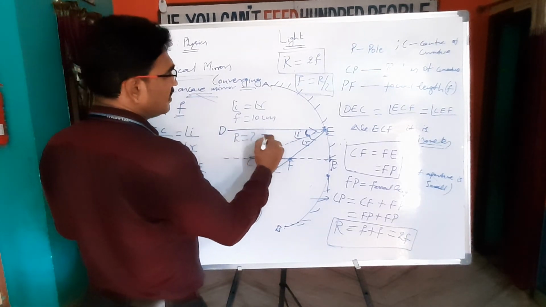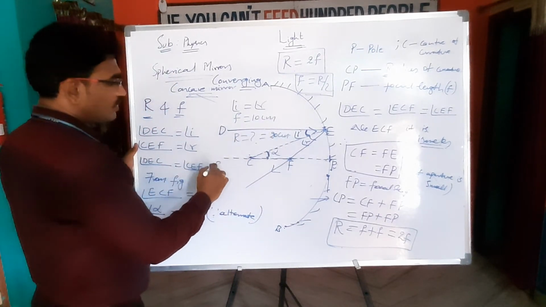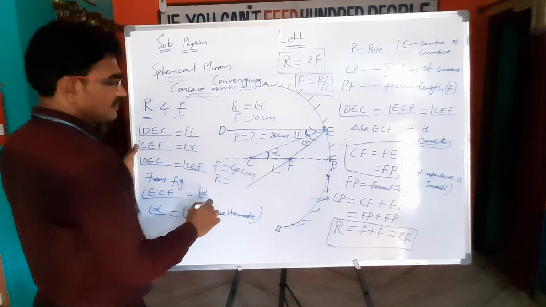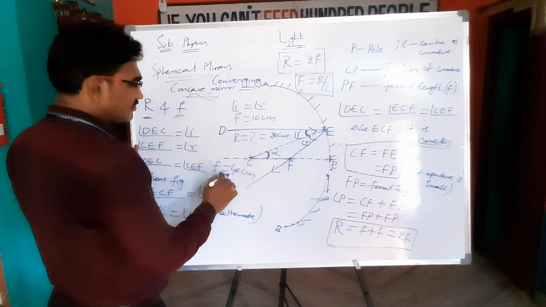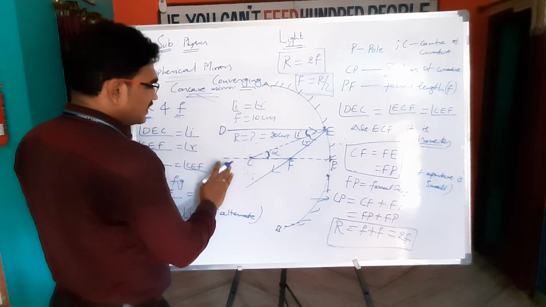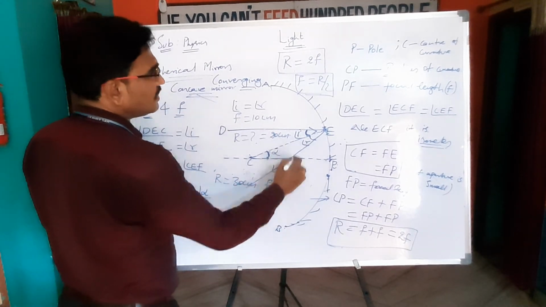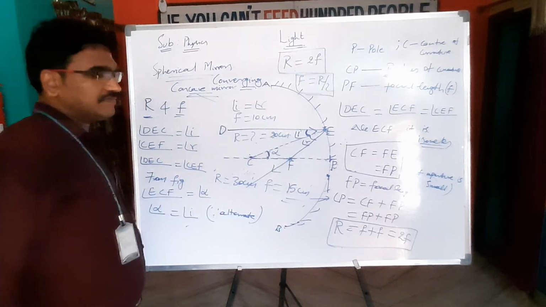Radius is going to be 20 centimeters. If focal length is 40 centimeters, what is the radius? Radius is going to be 80. For example, if radius is 30 centimeters, then what is the focal length? F is equal to R by 2, so it is going to be 15 centimeters, like that.